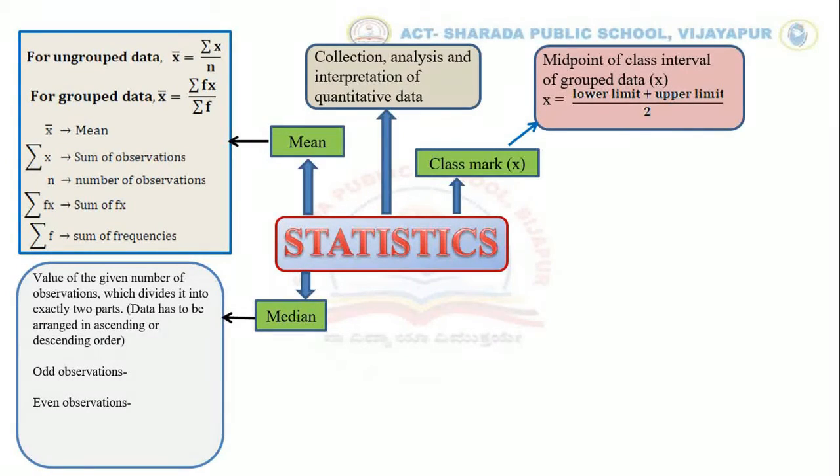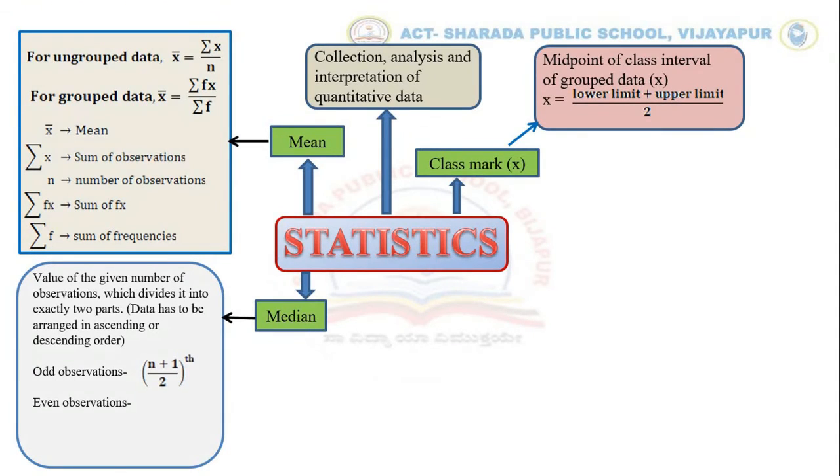Whenever we are calculating the median of ungrouped data, the data has to be arranged in ascending or descending order. Then only we can identify which is the middle term. If the observations are odd in number, then we use (n plus 1) by 2.